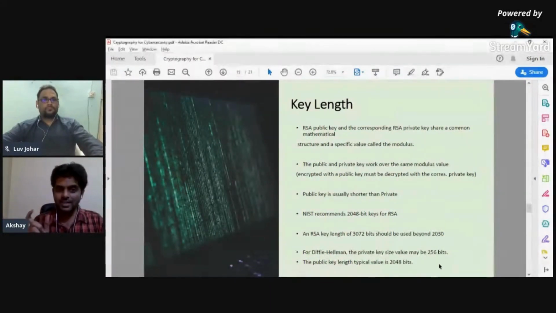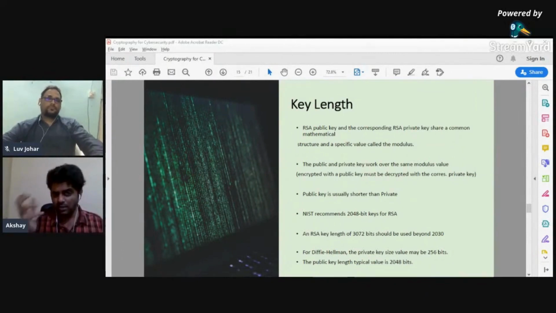So the essential answer to the question of what key length to use is that it depends on the kind of algorithm you're implementing, and what is being followed in the industry. Algorithms are implemented in different ways, so the length of the keys may vary.